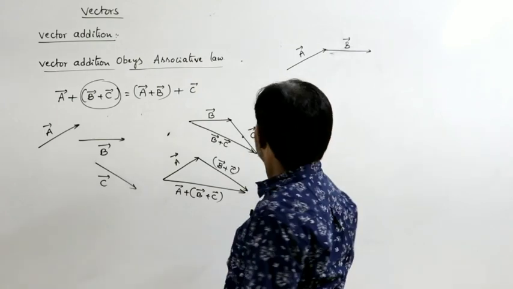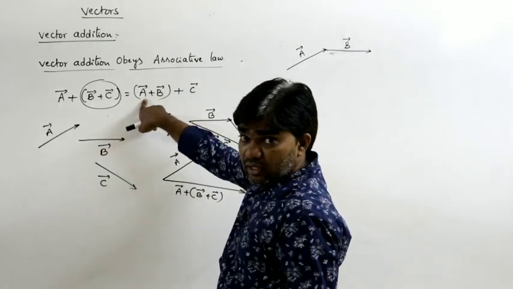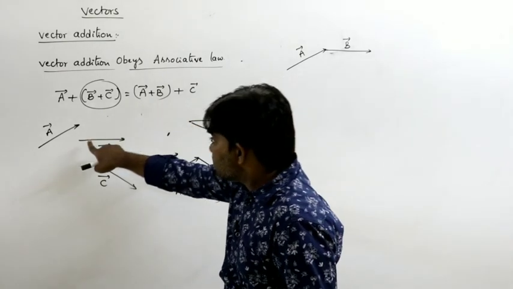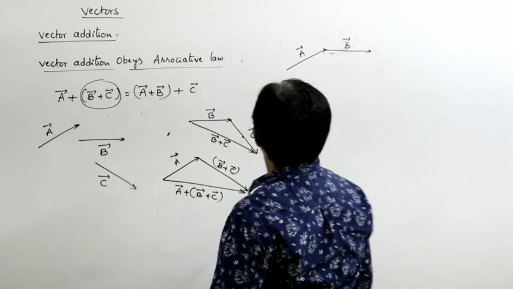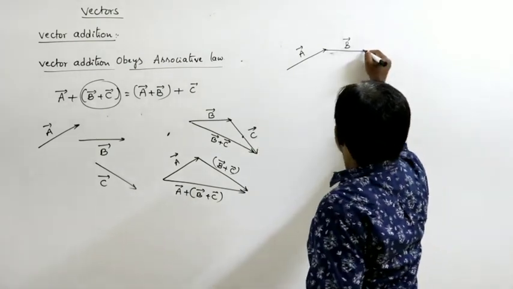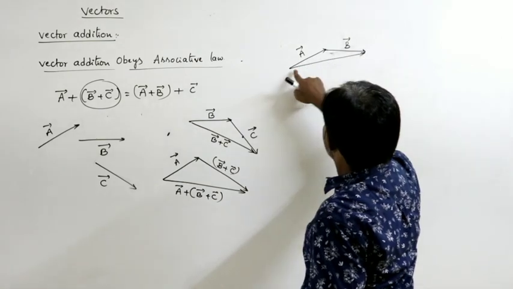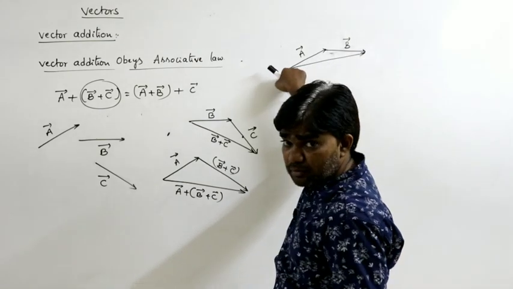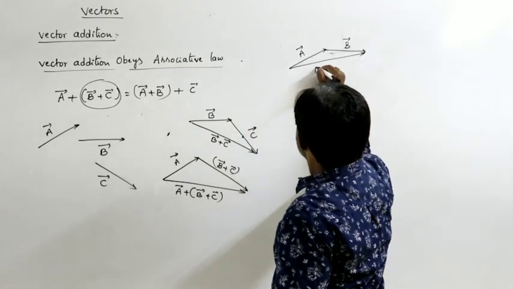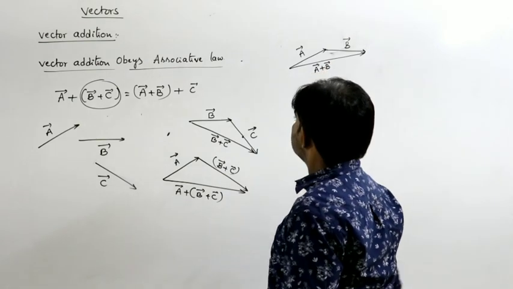Because I am doing a plus b first, the first vector is a bar and the second vector is b bar. The second vector must start from the final point of the first vector. The line joining the starting point of the first vector and the ending point of the second vector gives the direction. So that is a bar plus b bar.